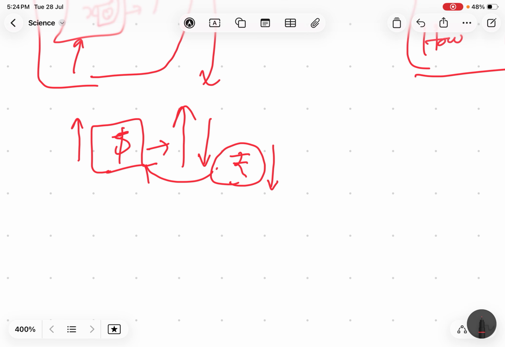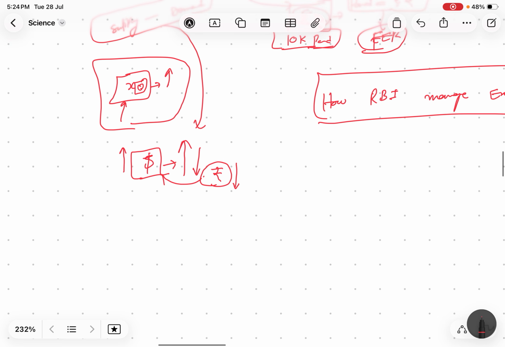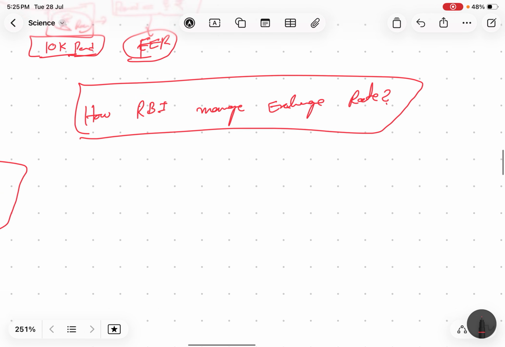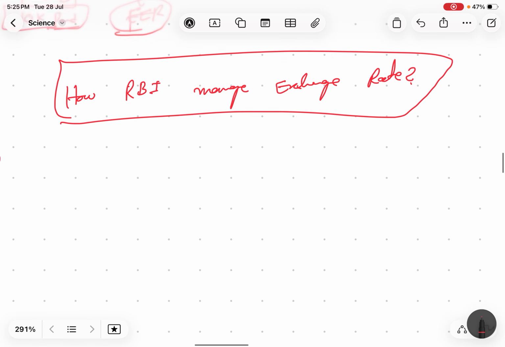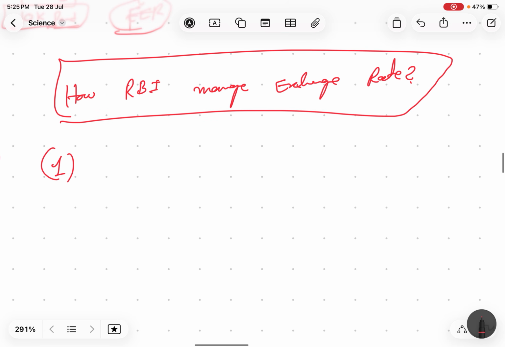So this is the simple phenomenon I have told you. Now understand how RBI manages the exchange rate. First, when the rupee is depreciating, like these days the rupee is depreciating against the US dollar.